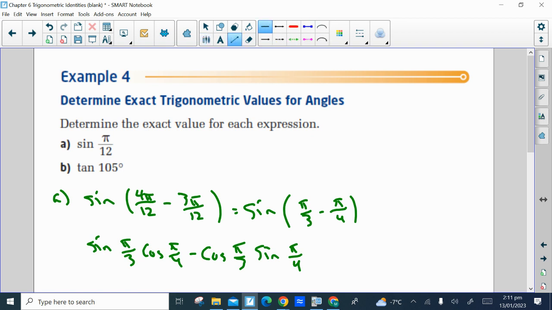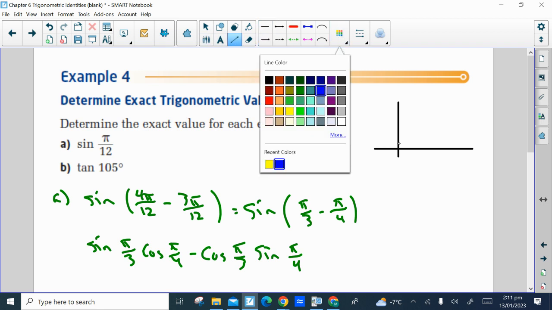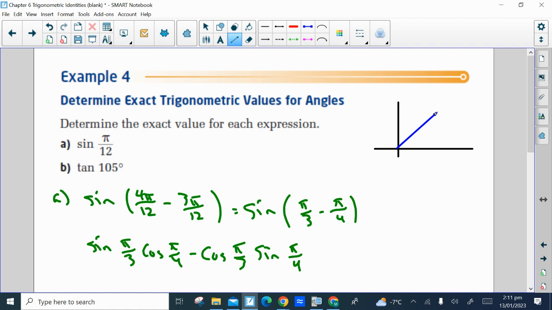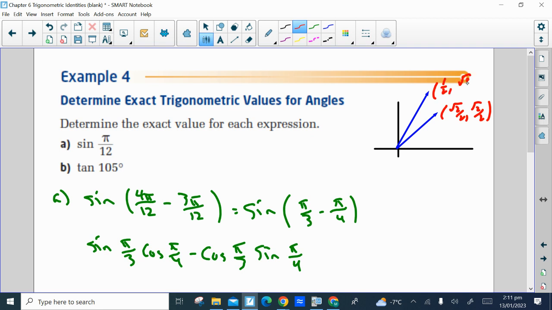So we can get these values off the unit circle. We want to look at angles pi on 3 and pi on 4. So pi on 4 is there. Pi on 3 is up there. The coordinates at pi on 4 are both root 2 over 2. At pi on 3, it's 1/2, comma, root 3 over 2.